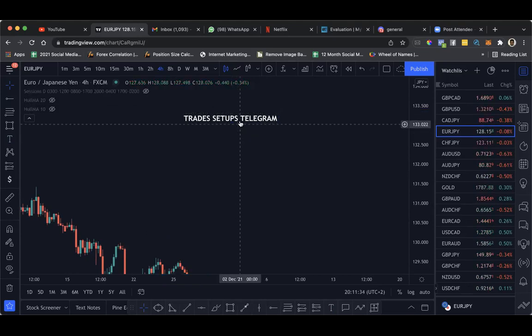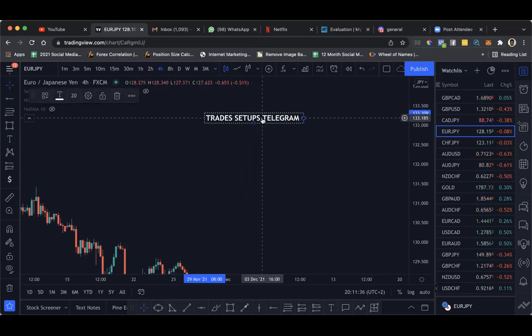Now, it's not a signal group because I won't be telling you to buy now or sell now. So we'll just be posting setups there and what you should look out for to enter. Maybe like an hour to the setup being triggered, I'll post trades on that particular group so that on your own you can now enter those trades.